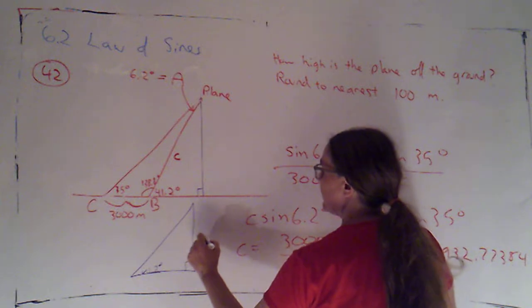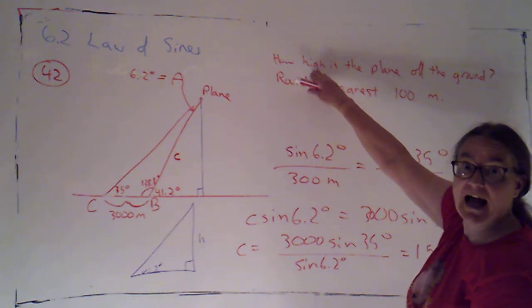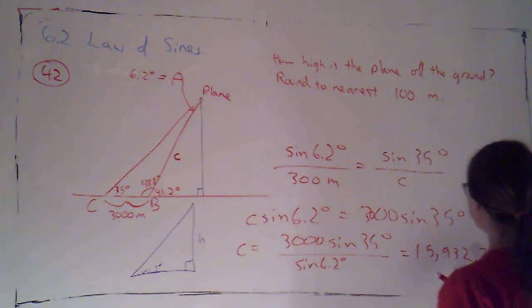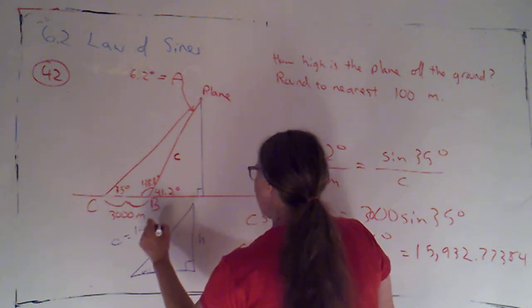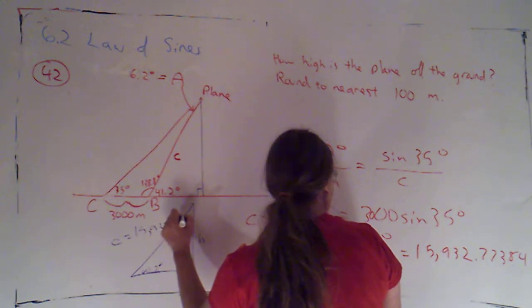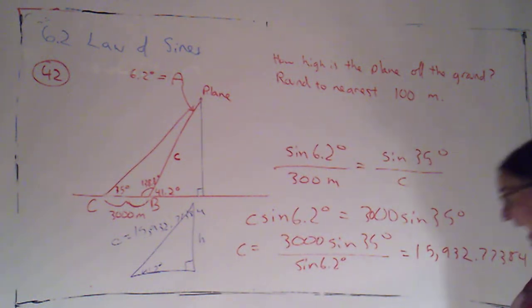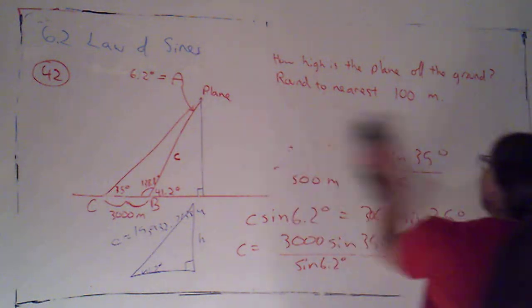I'm going to label it as H, not for hypotenuse, but for height. That's how high the plane is flying. And what we just did is we figured out that C was 15,932.77384.